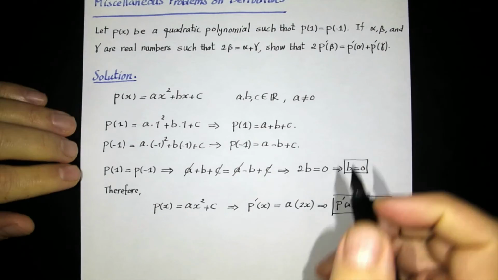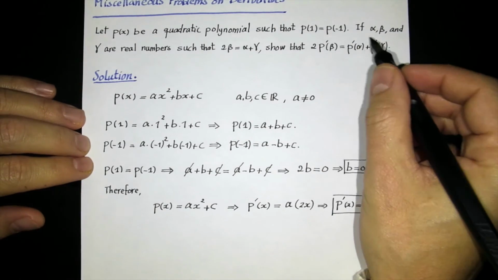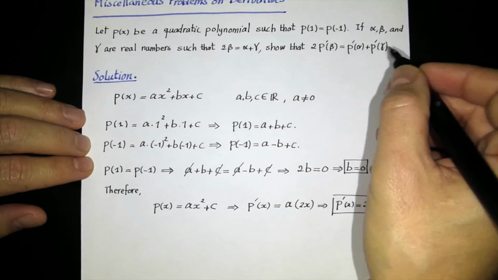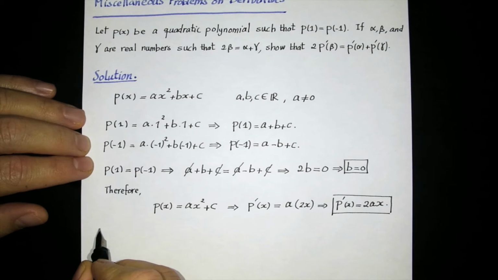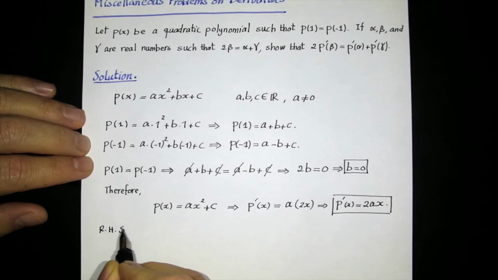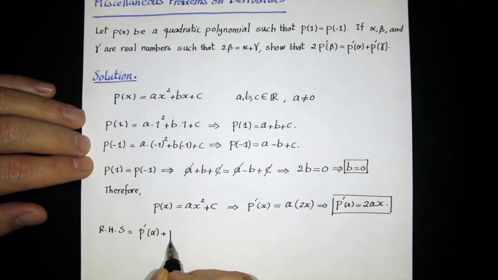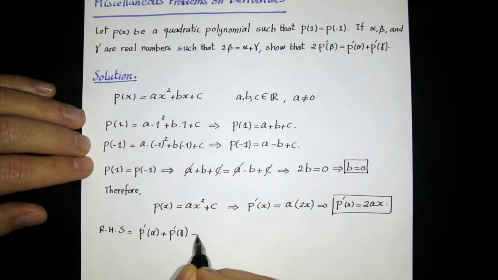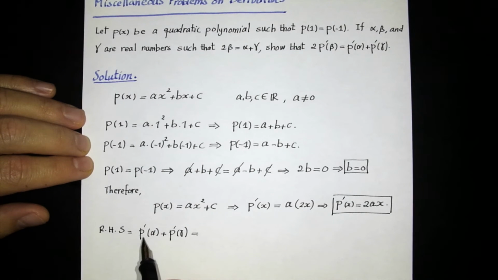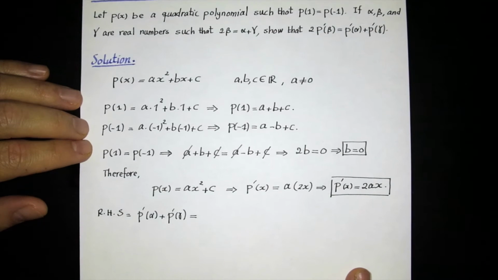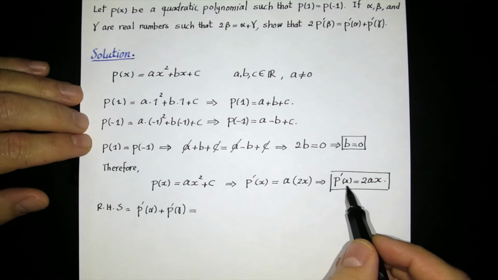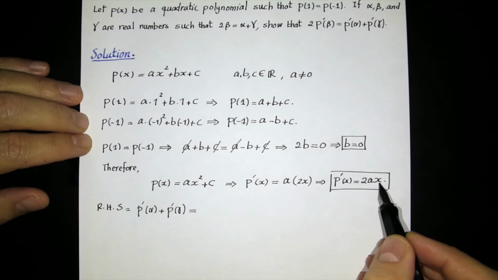Okay, I want to prove something like this here. That's an identity, an equality, so I will start from the right hand side of that expression. Let me rewrite that right hand side. It is p prime of alpha plus p prime of gamma. But what is p prime of alpha? You need to go to p prime of x and replace x with alpha.